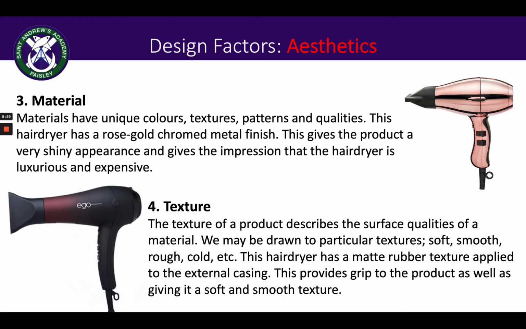If you think about materials, you get different looks from different materials, different woods, different plastics, different metals, and therefore these products can look expensive, they can look cheap, they can look modern, they can look old-fashioned. What material you have chosen will give it its aesthetic quality. So you could talk about the materials.